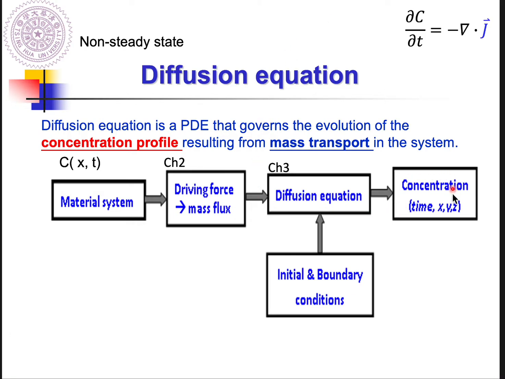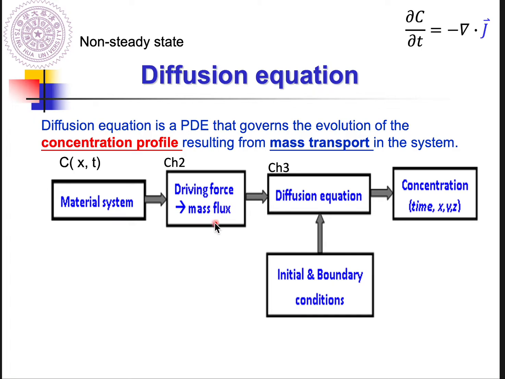in order to get this concentration profile, first of all, you need to determine what kind of material system we are dealing with. And because this is a diffusion process, mass transport, you need to find out how many driving forces apply on this system to have a mass flux or atomic flux in your material system.